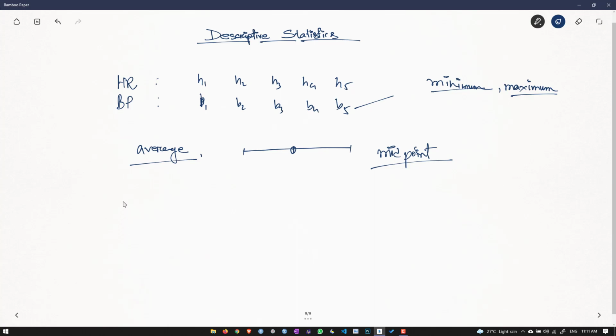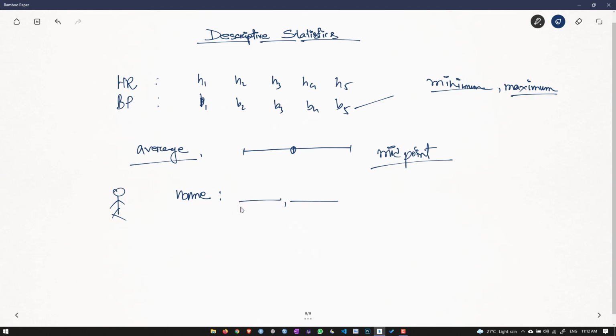To give a better example of the use of descriptive statistics, say a person is known by their name, right? The first thing that we want to know about any person is what is his name. Now a name is a 2-part thing, right? First name and last name.